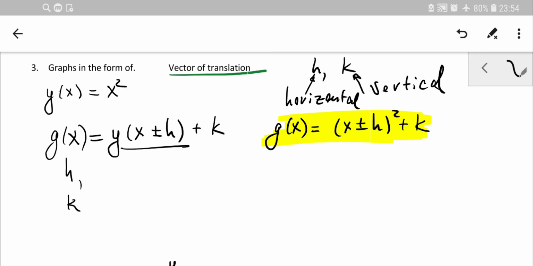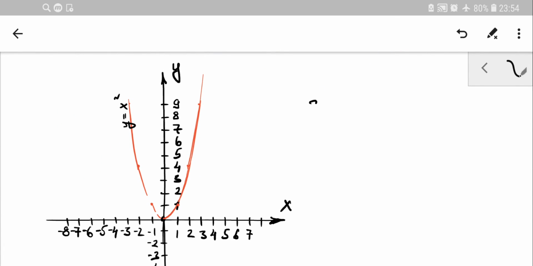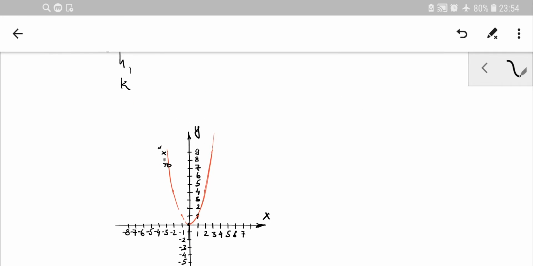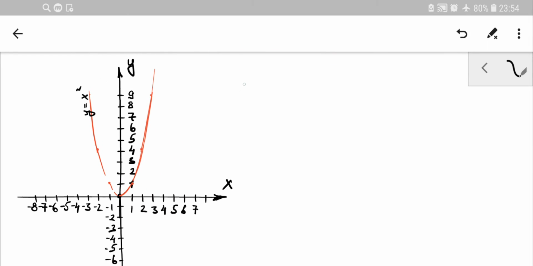And having that, we can simply say that if we have, let's take for simplicity, h equals, let's say, 5, that's horizontal shift, and let's say k equals -2. So let's keep track of the vertex.